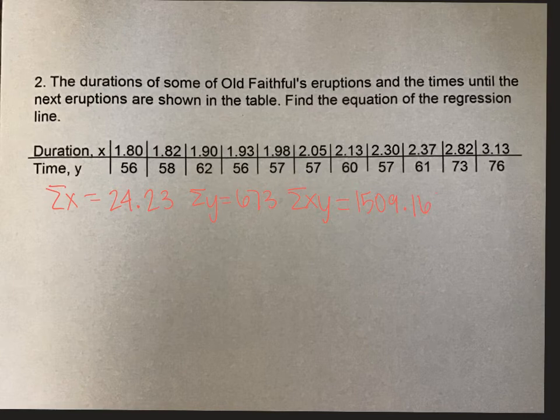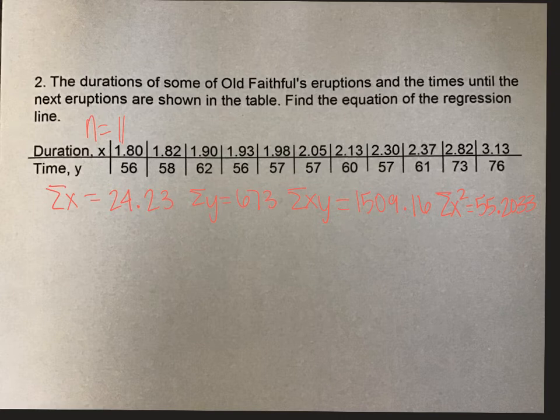And the sum of x squared, 55.2033. So I have 11 data sets in number 2. Remember, we're talking about Old Faithful's eruption times, so the duration and the time between for x and y.